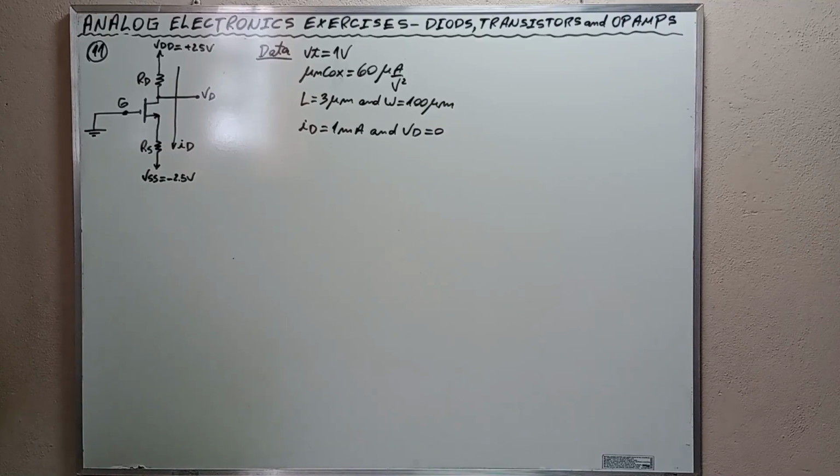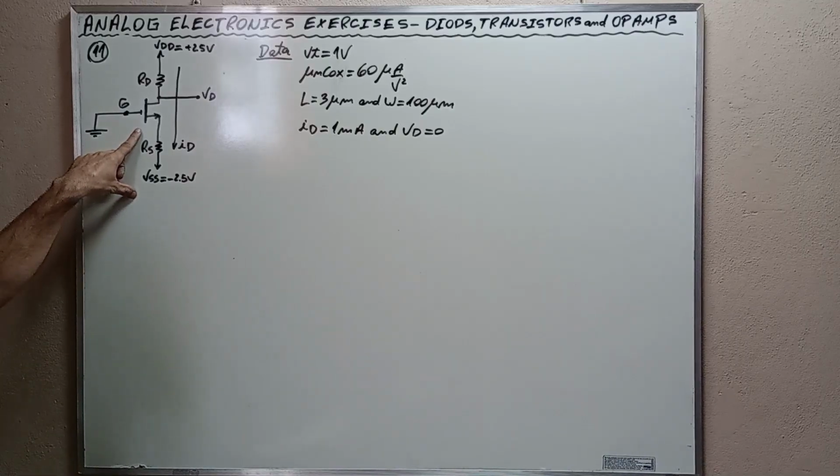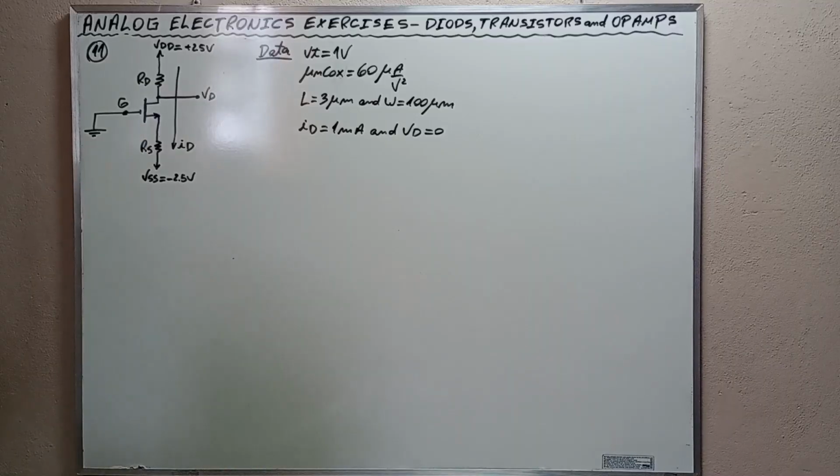But before calculating, we need to understand what kind of transistor we are working with. This is a MOSFET, a field effect transistor, okay? The exercise imposed that VD has to be equal to 0.